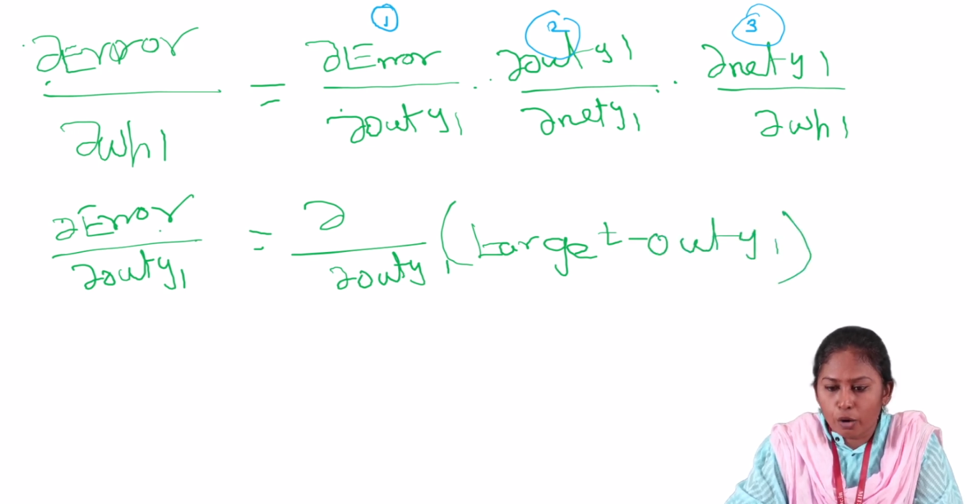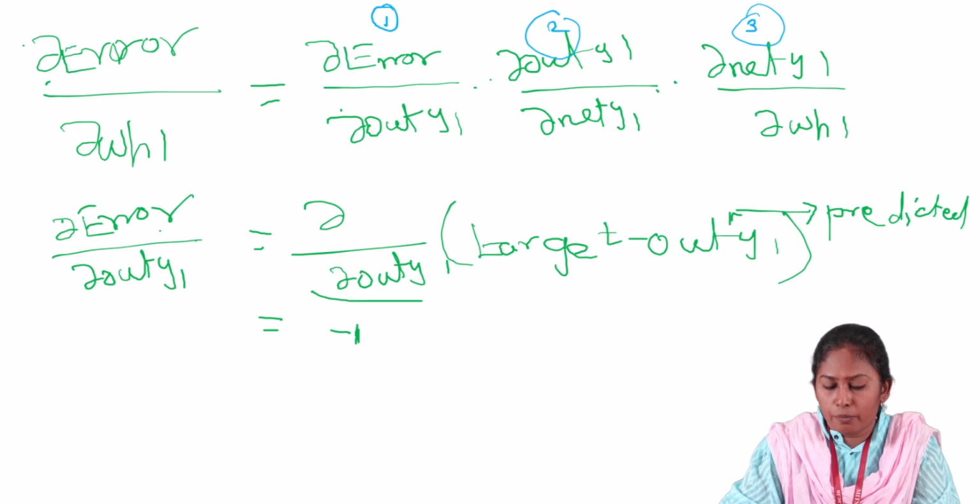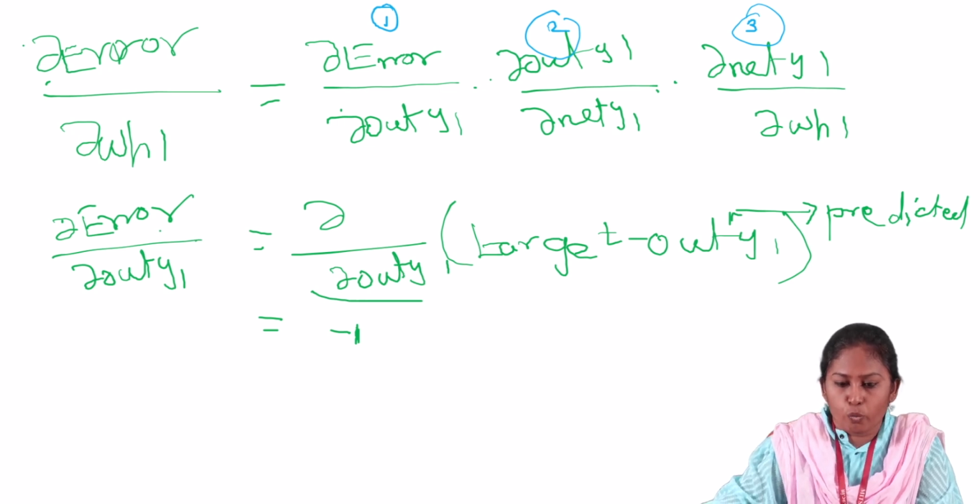Out y1 is nothing but the predicted, that is why I'm using this formula. Now if I'm differentiating target minus out y1 with respect to out y1, we know the answer: minus 1, right? Because the target is a constant, and differentiating minus out y1 gives minus 1.